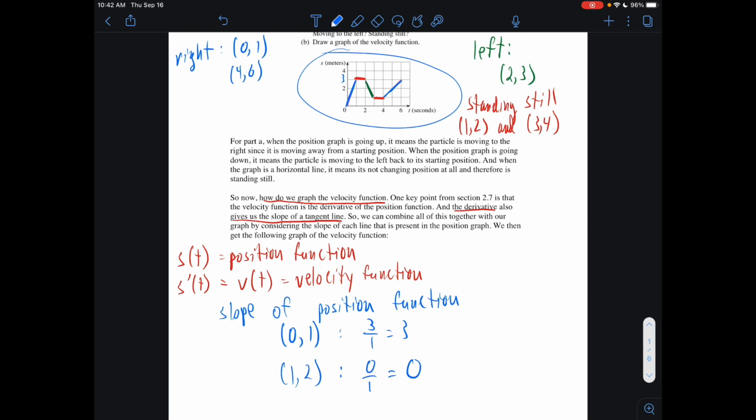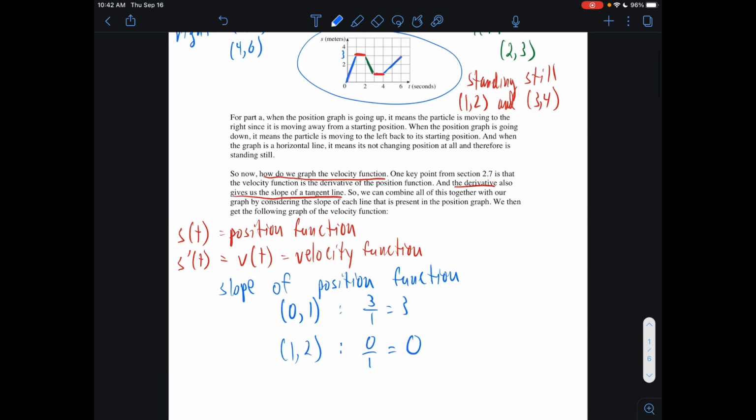So then we continue in this same manner. The next part is the green part that I've highlighted on the position function. Here it goes down 2 units from 3 to 1. So from 2 seconds to 3 seconds, it goes down 2 units, but over to the right 1, so that gives us -2. And then for the remaining parts, from 3 seconds to 4 seconds, again it's standing still, the slope there is 0.